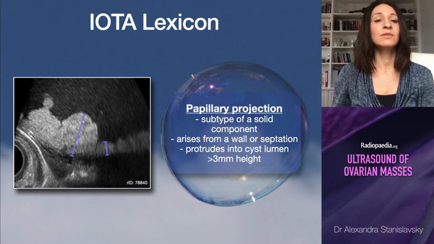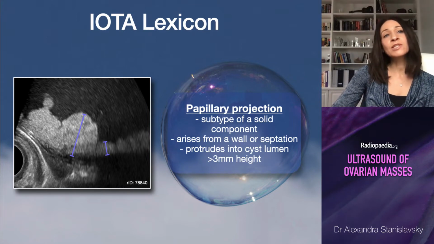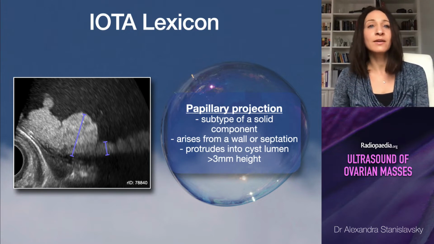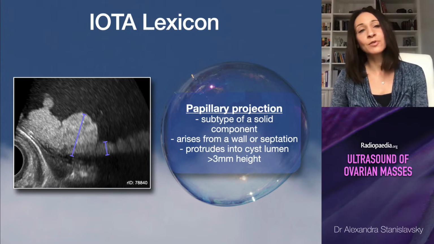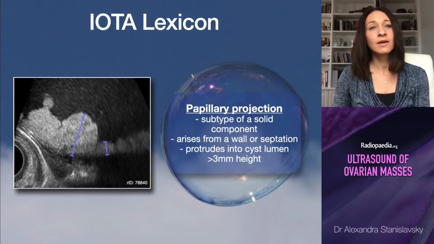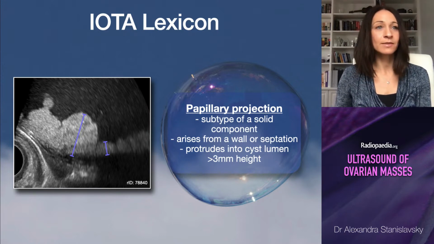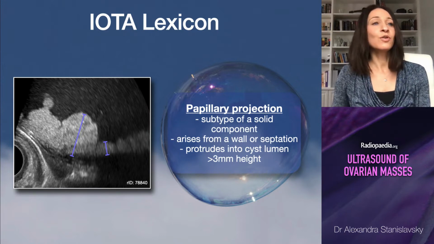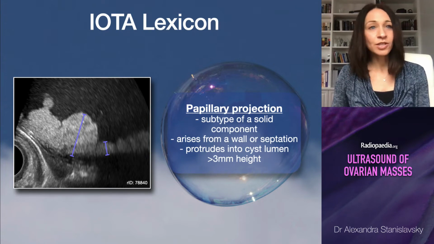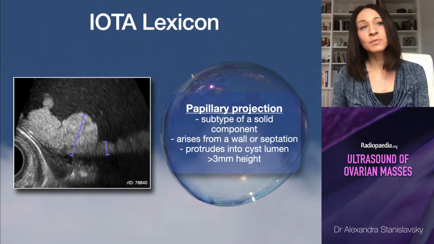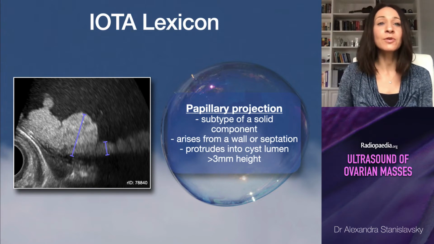Another component out of the IOTA lexicon is the term papillary projection, which we use quite a lot. And I must confess that when I first started reporting gynecological imaging, I was confused by this word, because when does a nubbin on the cyst wall become a papillary projection, and when is it no longer a papillary projection but is it now a solid component?